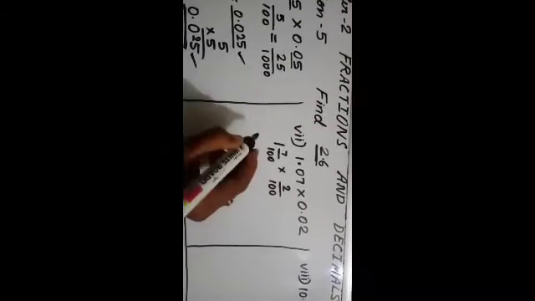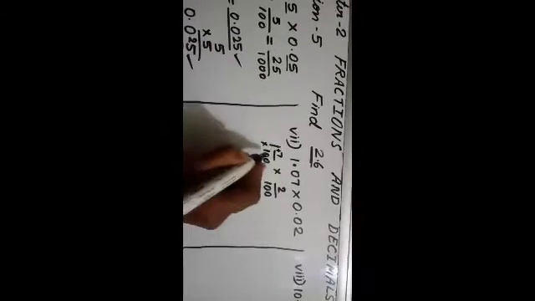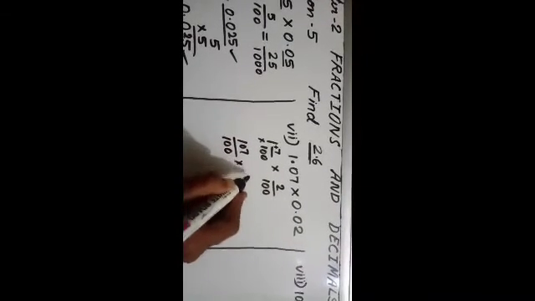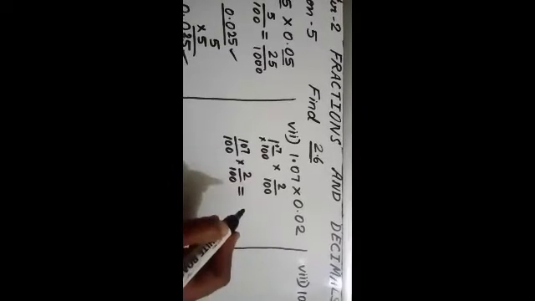Now when we have a mixed fraction, our first and foremost duty is to convert into an improper fraction. 100 ones are 100 plus 7, 107 upon 100 into 2 upon 100. Now both we have got the fraction.